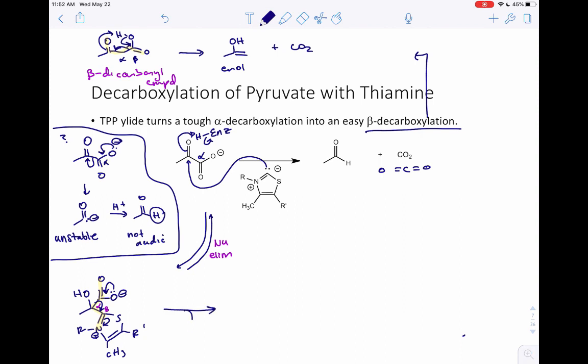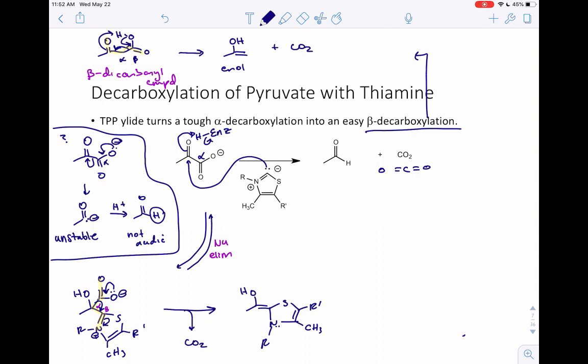Well, you can rationalize that because you have relieving the positive charge on nitrogen. This is a large cofactor. So these R groups, they're just representing the rest of the cofactor. We're just looking at the important part for the chemistry here.